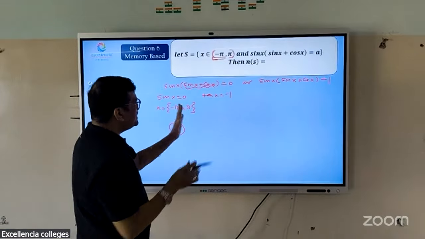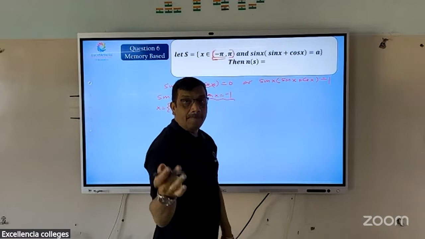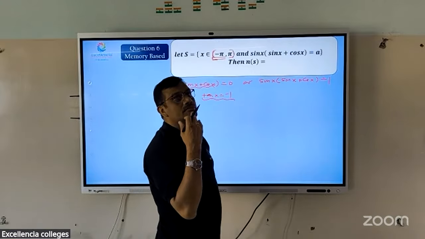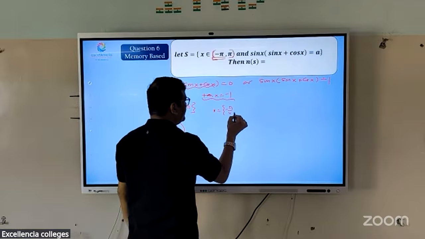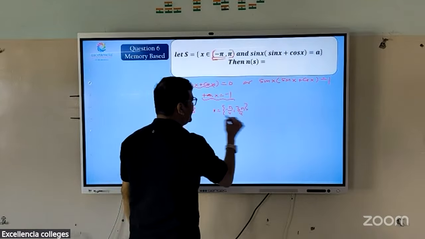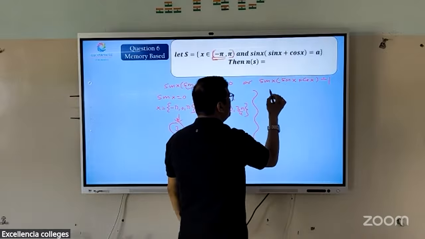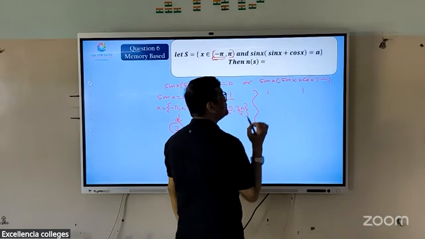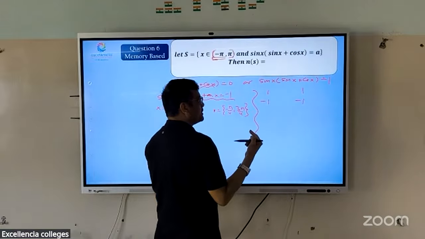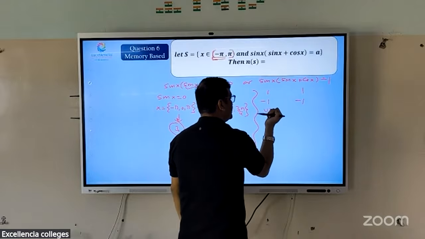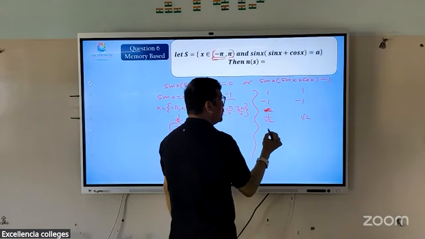Minus 5, tan x minus 1. What values? Minus 5 by 4, 3 by 4. So x can be minus 5, 3 by 4. Right? Now this is 1 means either both 1, or minus 1, or root 2, 1 by root 2, or minus.